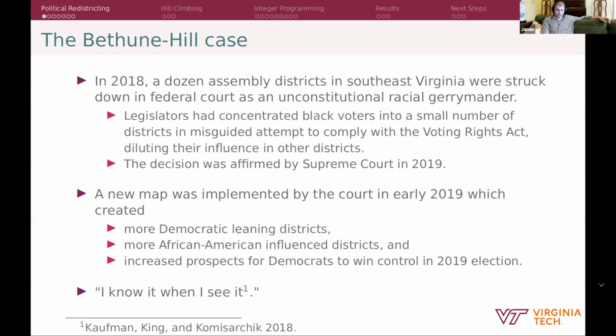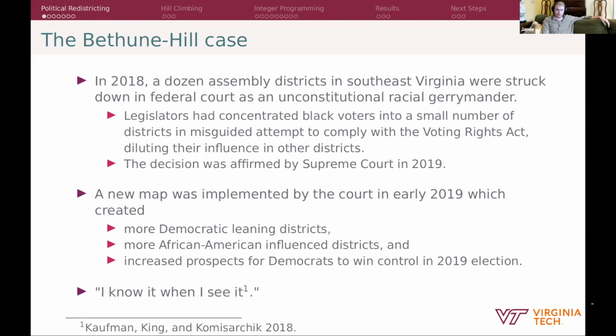So in 2018, there was a court case, Bethune-Hill, where the courts struck down a political district map in Southeast Virginia because it was deemed an unconstitutional racial gerrymander. So there was an underrepresentation of African-American citizens within that region.